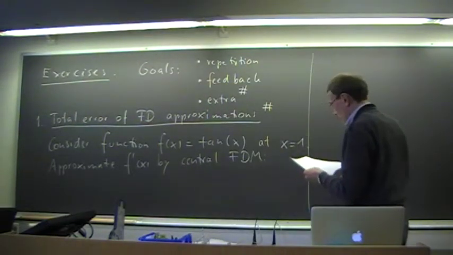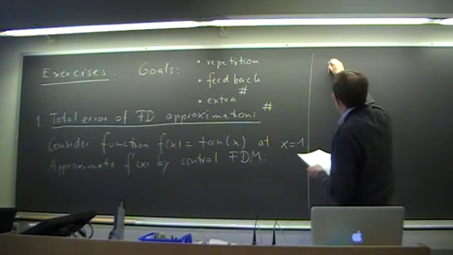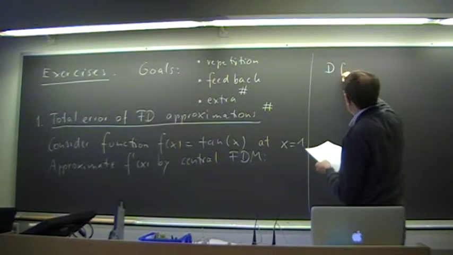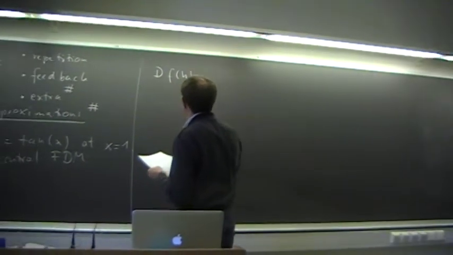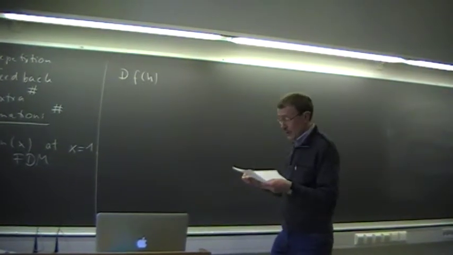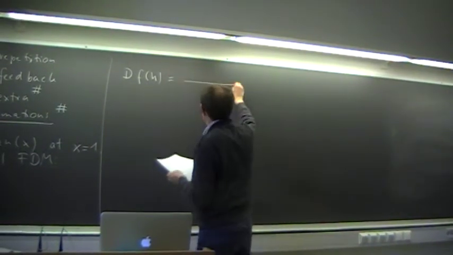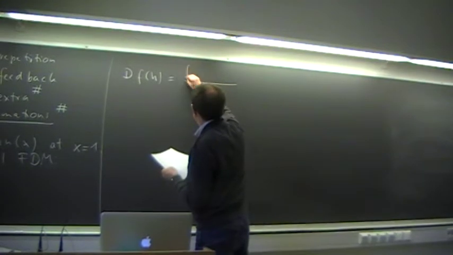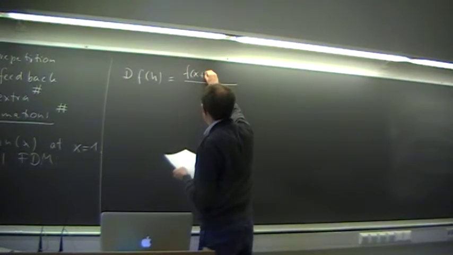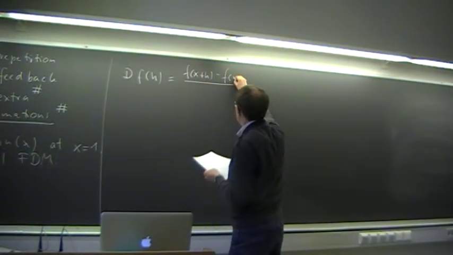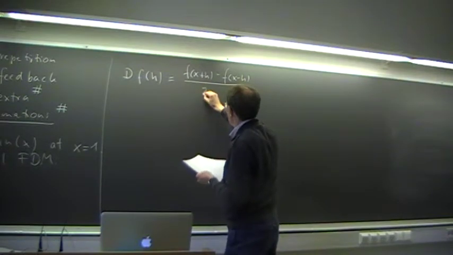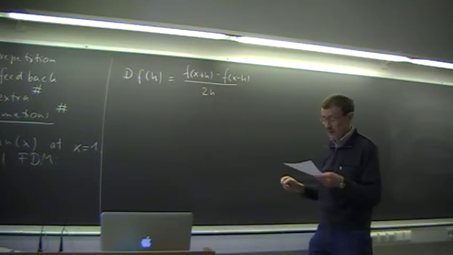We use this notation. We say df of h shall denote the ratio of f evaluated at x plus h minus f evaluated at x minus h divided by 2h. So h is the grid spacing.